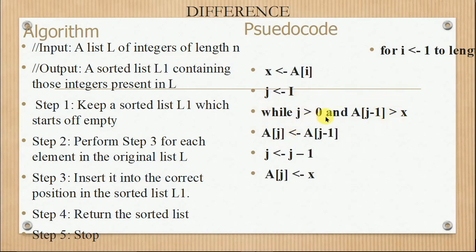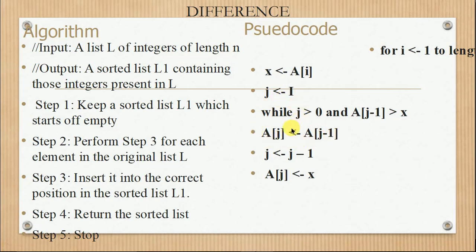So while j is greater than 0 and A of j minus 1 is greater than the x value we have stored, this operation executes, and the shifting takes place: A of j minus 1 is shifted to the jth position.